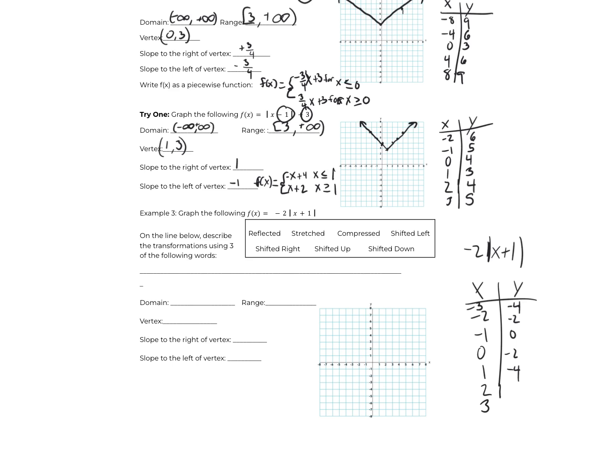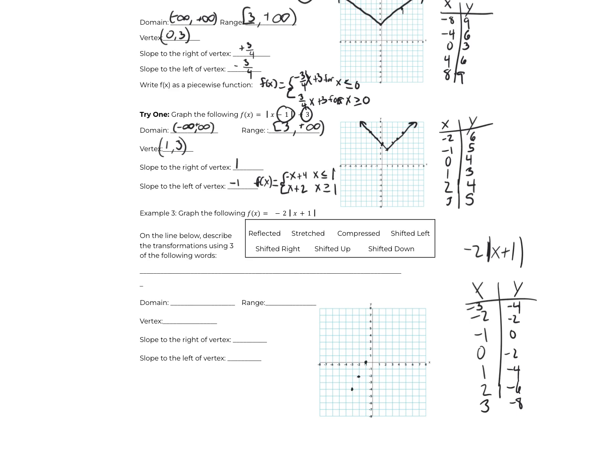2 plus 1 is 3. Absolute value of 3 is 3. 3 times negative 2 is negative 6. And 3 plus 1 is 4. The absolute value of 4 is 4. 4 times negative 2 is negative 8. So I got a whole bunch of points here to plot, starting with negative 3, negative 4, negative 2, negative 2, negative 1, 0, 0, negative 2.